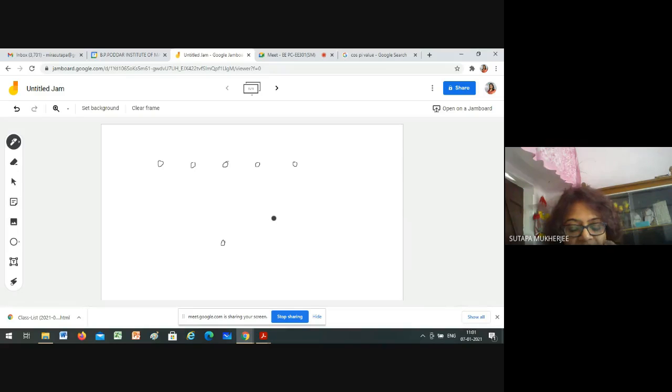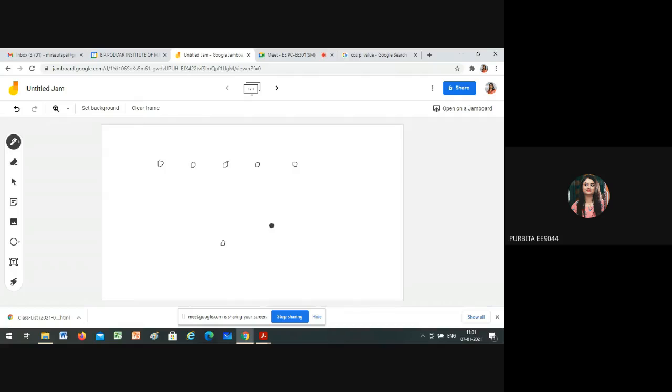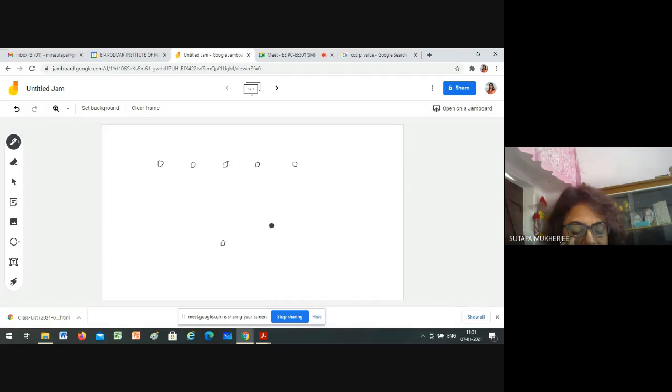Now you consider the first column. So if you consider the first branch, I mean branch 1, branch 1 is associated with how many nodes? Node 1 and node 6. Is it clear to each and everybody?